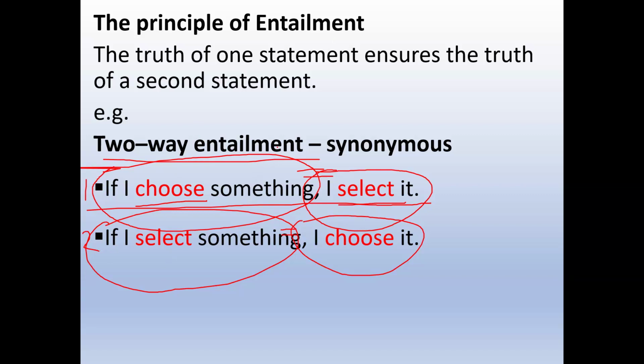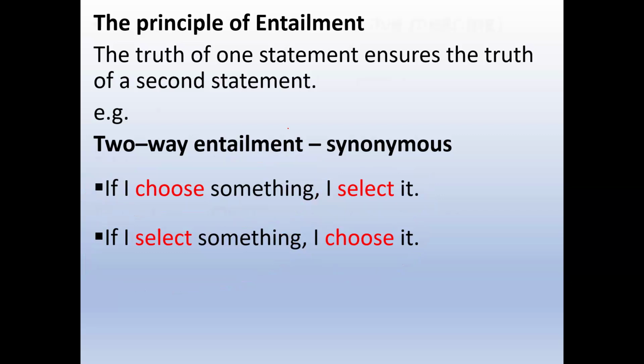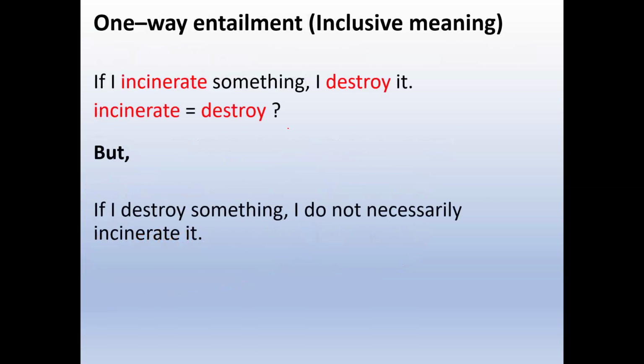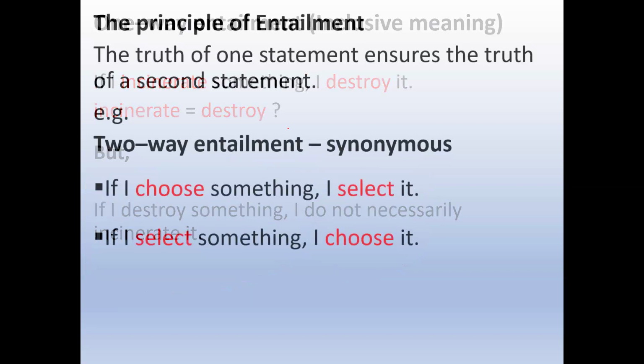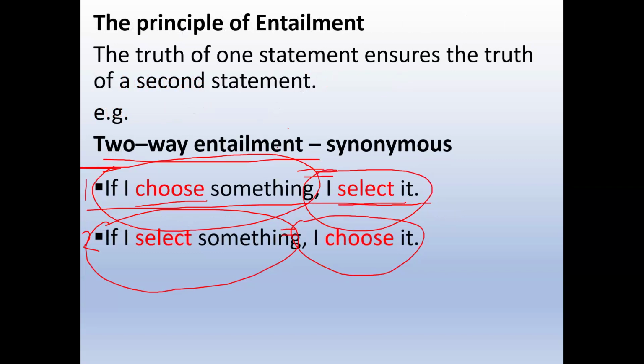Actually, two-way entailment is one aspect of the principle of entailment. There's another aspect, one-way entailment, right? Before we talk about the one-way entailment, you need to make sure whether you have got this point. Is that clear? Two-way entailment is simply talking about two synonyms that are 100% similar in meaning.